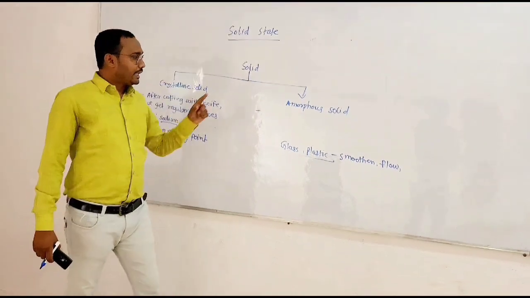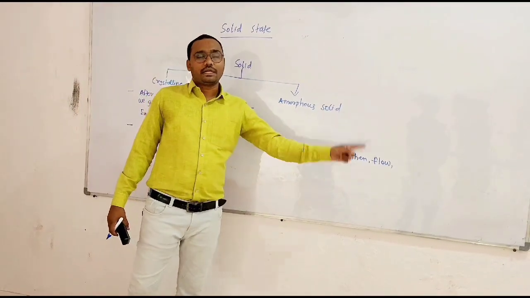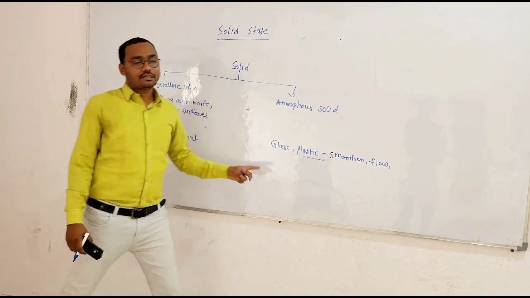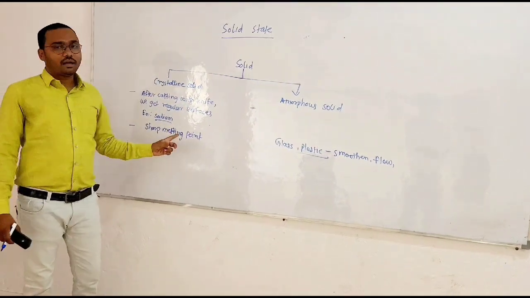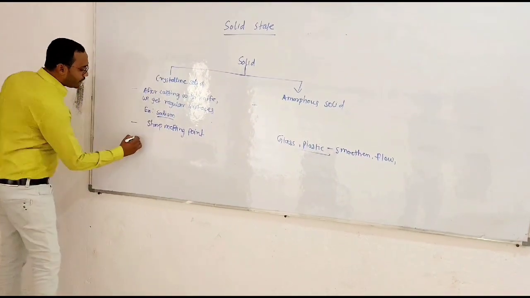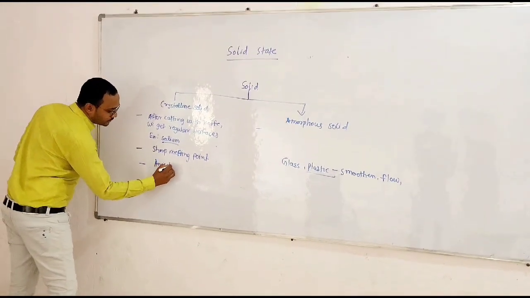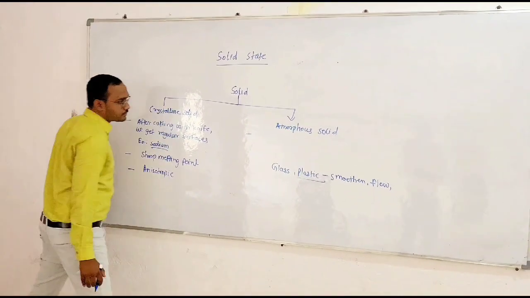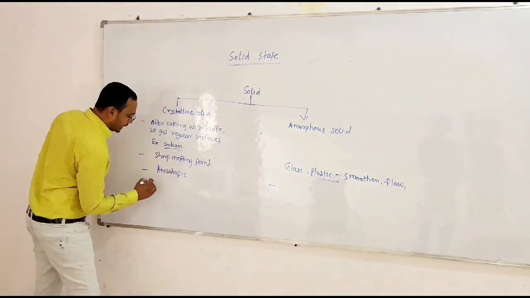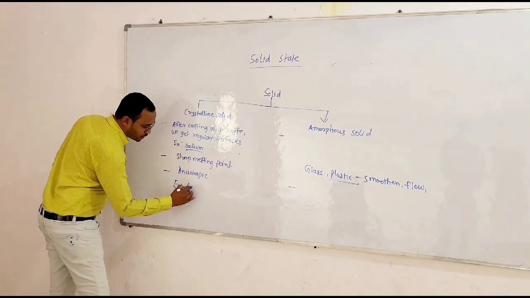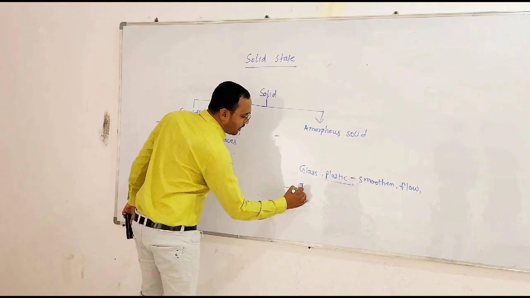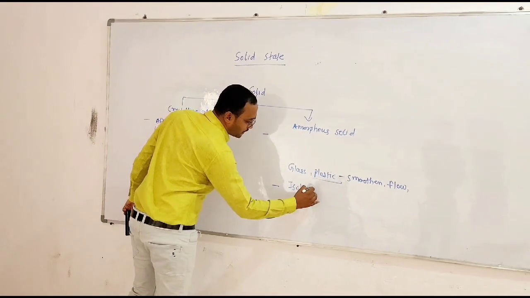At that point, the amorphous solid does not suddenly start to melt. But in crystalline solid, we observe sharp melting point. Another important point is crystalline solids are anisotropic. But amorphous solids are isotropic.